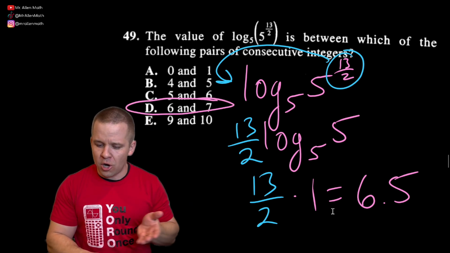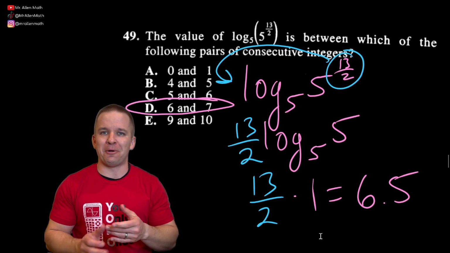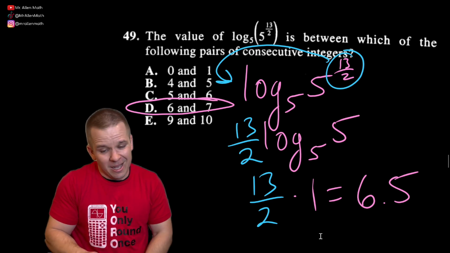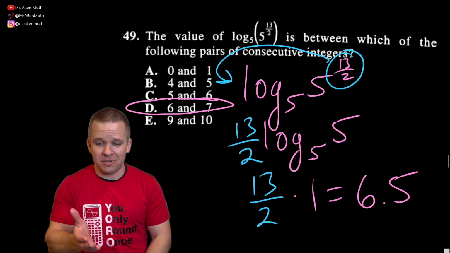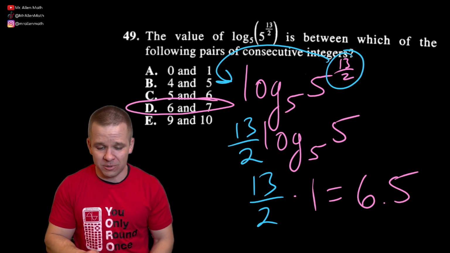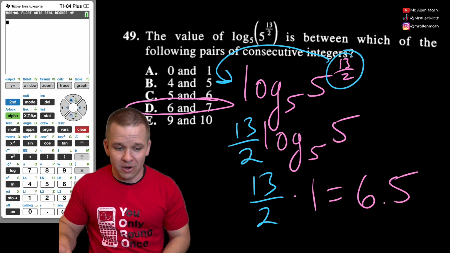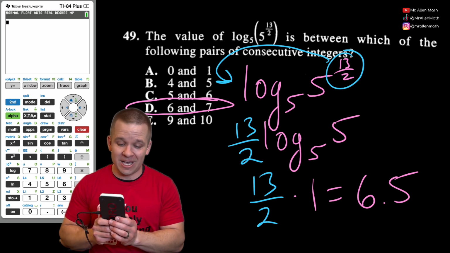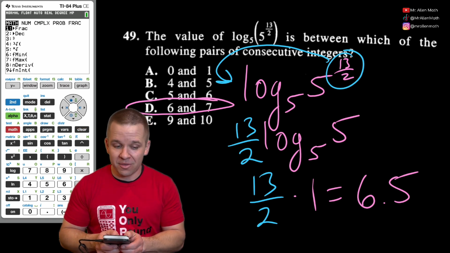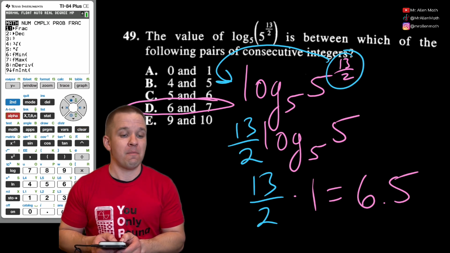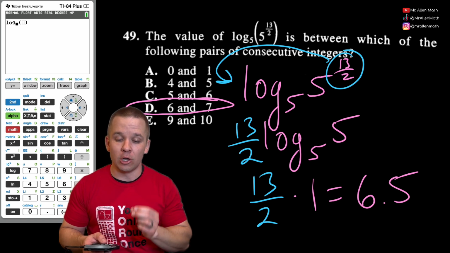But what if you didn't know all that log math, right? Or you just forgot it, or you haven't gotten to it yet. Some curriculums get to it by the ACT, some do not. It just all depends on when you take it. So let's bust out that calculator. You can actually type this in. So you're going to hit math, then the green alpha button, then math, and it will bring up any log base.